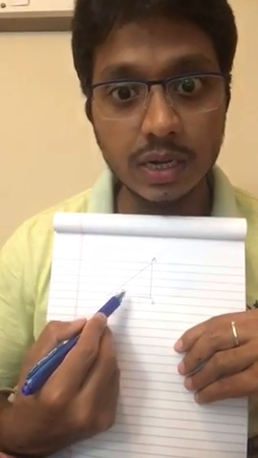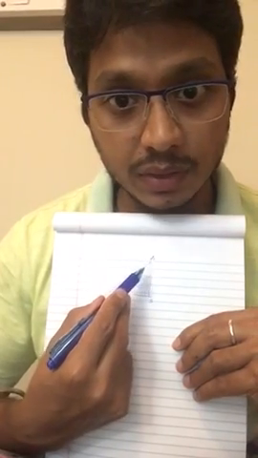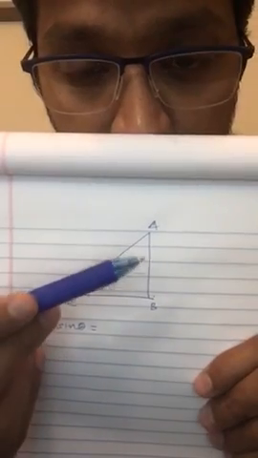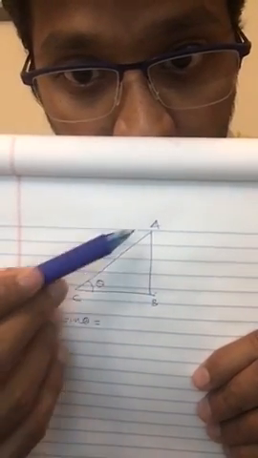So the sine theta, the opposite side is AB divided by the hypotenuse, that's my AC. You can see that the side opposite to the angle theta is AB and the hypotenuse is AC. So I'll write sine theta is equal to AB upon AC.